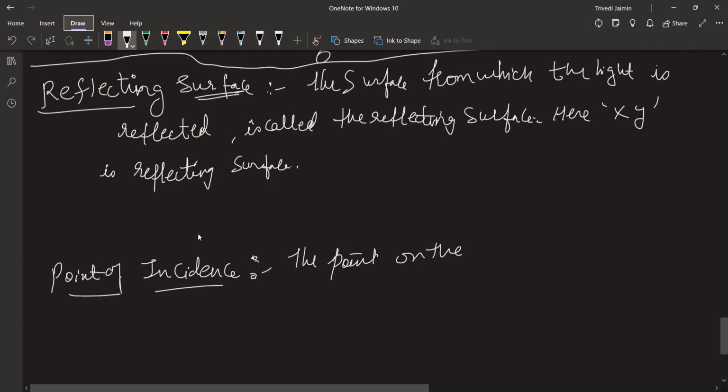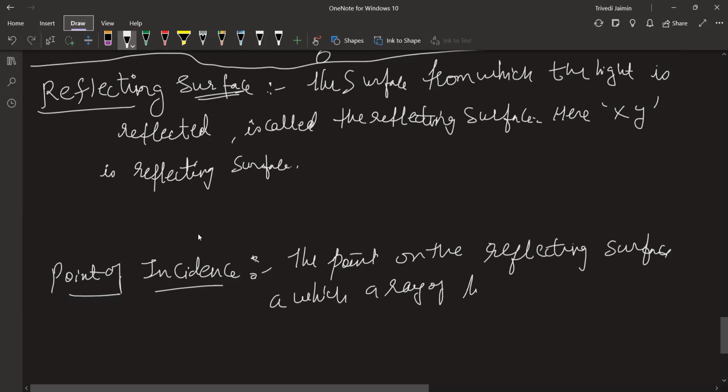The point on the reflecting surface at which a ray of light strikes.